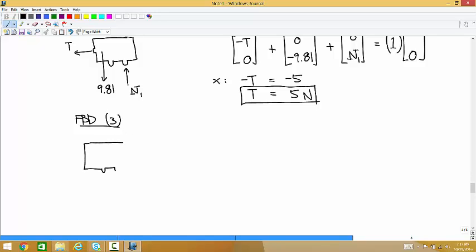Okay, so here's the 3. Little stump of the cable. There's a downward force of 29.43, an upward pushing force from the ground of N3, this cable force to the right that we're trying to calculate, and then the 20 Newton force.